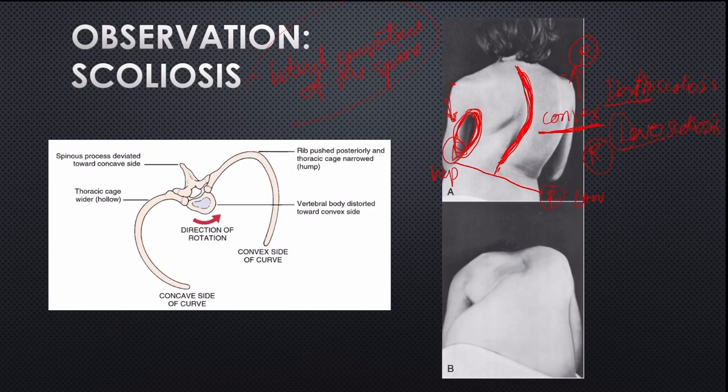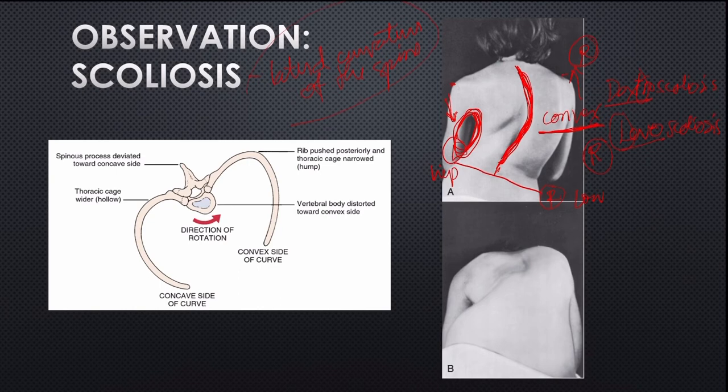Now, biomechanically, I believe it has already been taught in kines. When you talk about biomechanics, that's already part of kines. But I just want to highlight that whenever there is a scoliosis, there are things that can be palpated easily at the back.